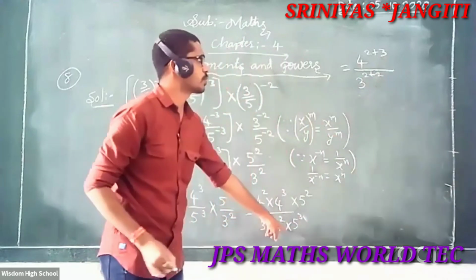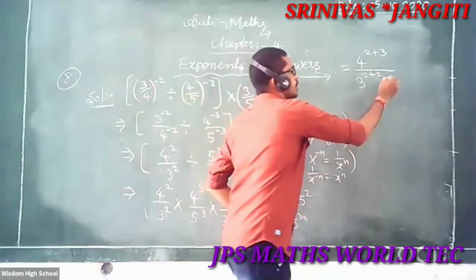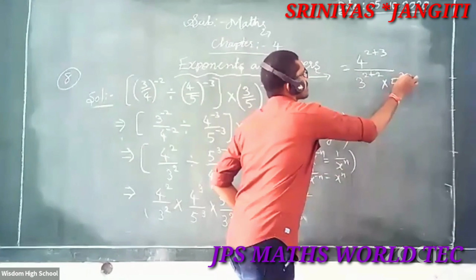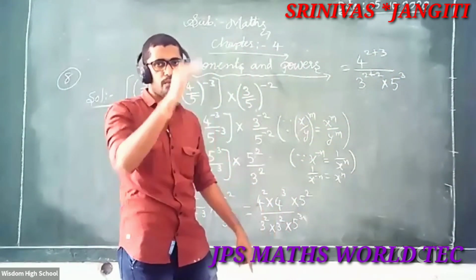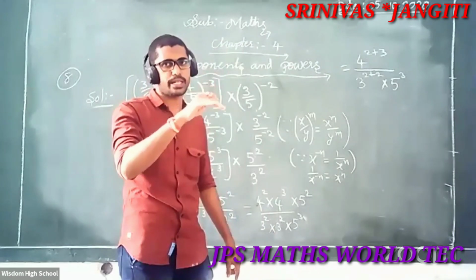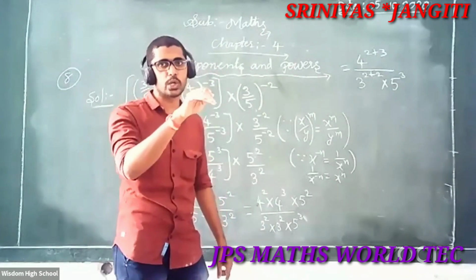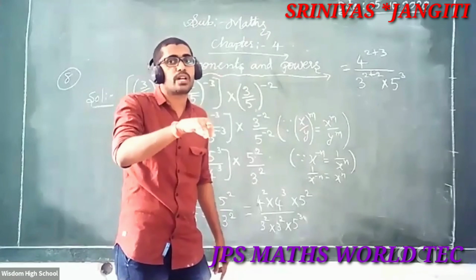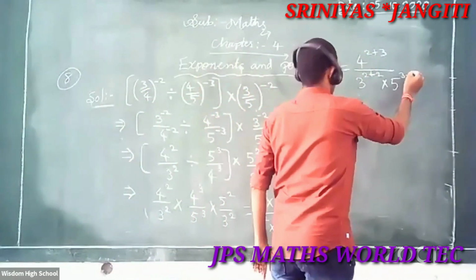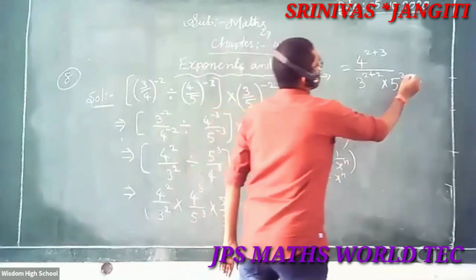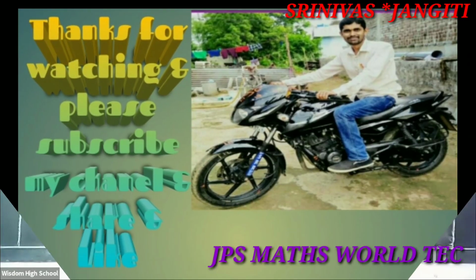Then here the change: into 5 cube is down, so here square take down. How? You know, x to the power of n is equal to 1 by x to the power of minus n. So here 1, now here what happened? Minus. What is the minus? 2. So finally you get the result. What is here?